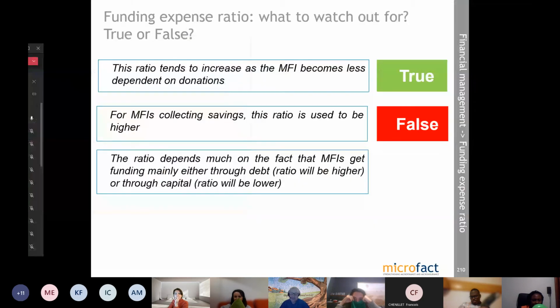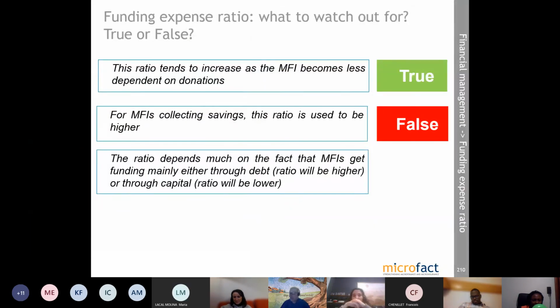It's indeed correct. You see, normally when you finance yourself through capital, of course capital also involves a cost. When you have shareholders, you also pay dividends, but dividends are not included in this indicator. Dividends are not considered a funding expense. Dividends are something you pay out of your net profit to your shareholders, or you don't pay, or you might have capital on which you don't pay any dividends.